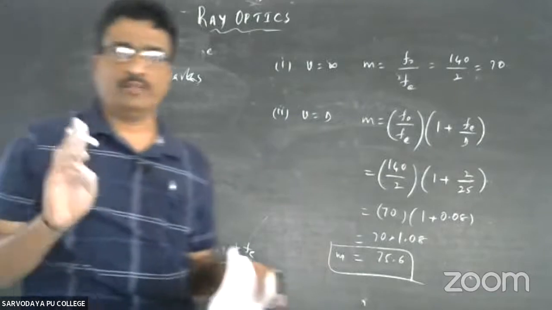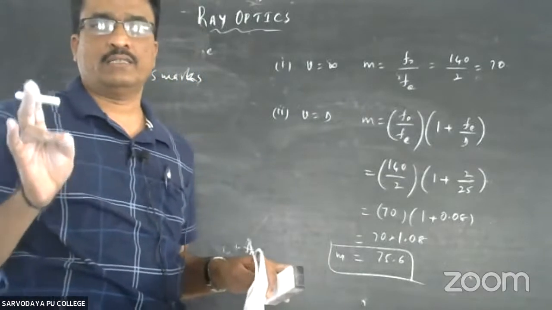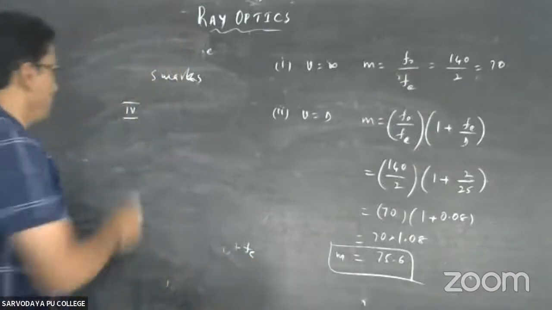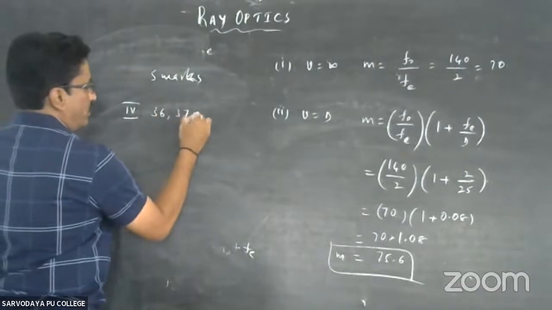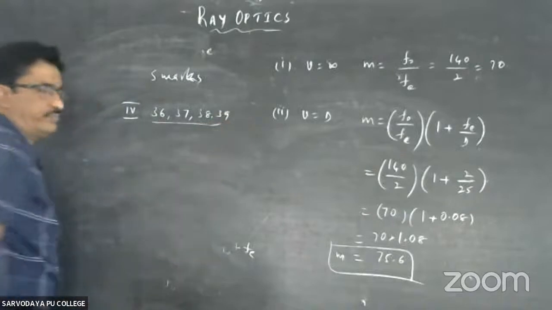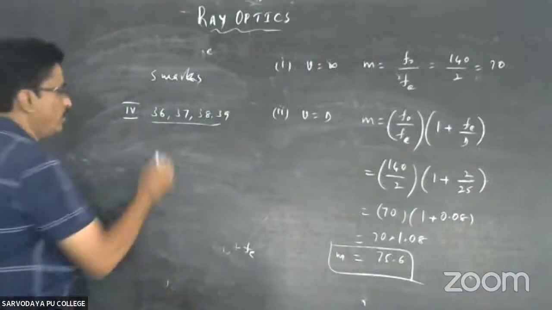Part A, 15 questions. Part B, 10 questions, 25. Part C, 10 questions, 35. Therefore, in the 4th main, we have question numbers 36, 37, 38, 39. Out of these 4, you have to answer 2.